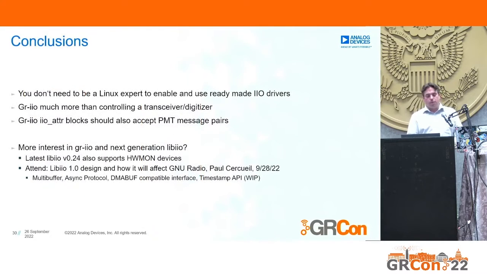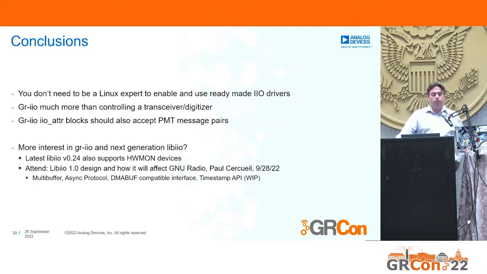Some of the conclusions I had were that you don't need to be a Linux expert to use and enable ready-made Linux device drivers. It can actually be quite easy. It's most of the time just editing a device tree, or when you use Kuiper, you don't need to rebuild your kernel because all the drivers are enabled.